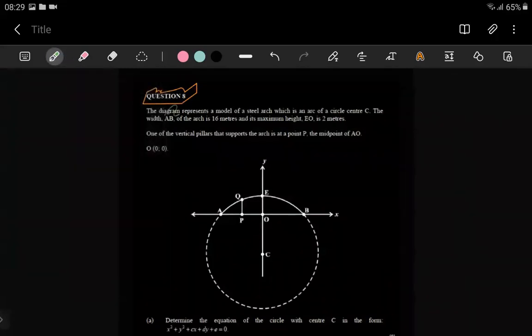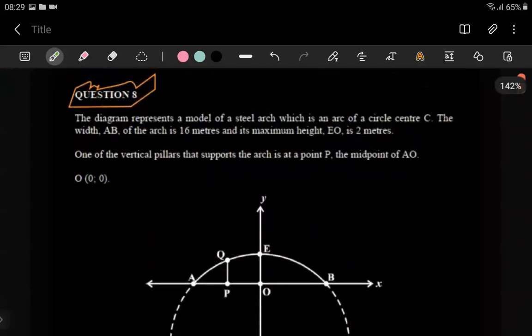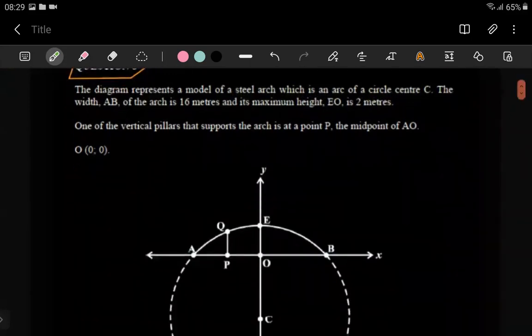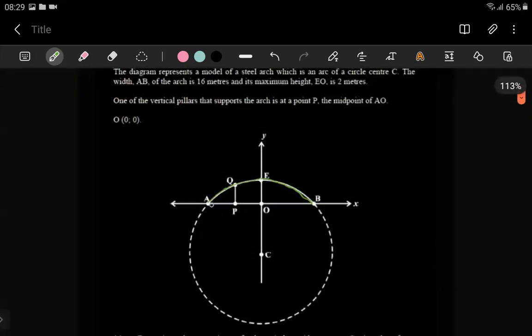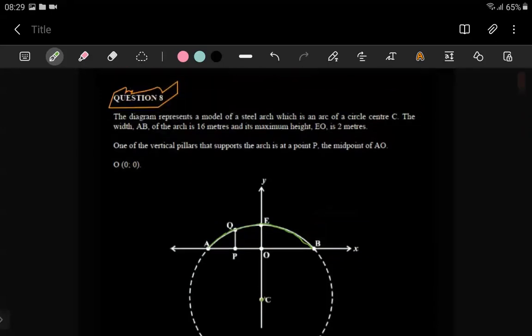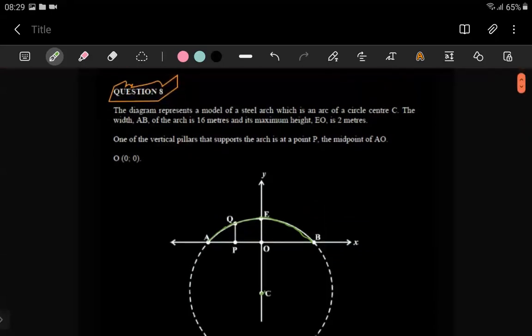It says a diagram of a model arc of a still, which is an arc of a circle with center C. So this part here is the still arc. The rest is actually not there. However, this small part is a piece of what would have been a big circle that has a center C. That's what they're telling us.